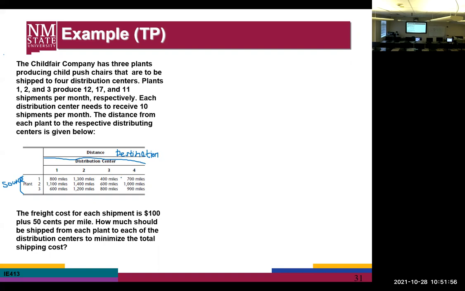And so how's the supply amount here? Let's get the table right here.